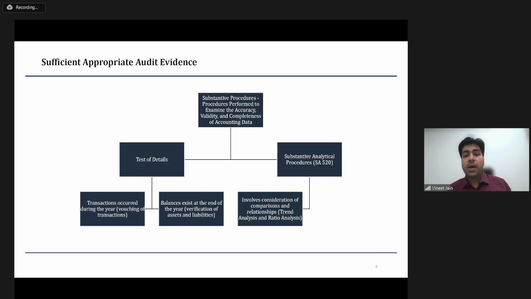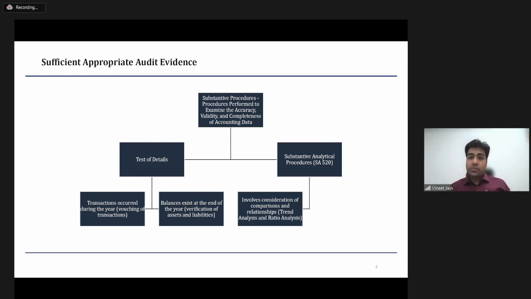And in the second part, we identify the balances that exist at the end of the year. For the transactions, this is basically verification or vouching of the numbers appearing in the financial statements. Whereas in case of the balances, we verify the assets and liabilities appearing in the balance sheet. So in this way, the test of details is divided.